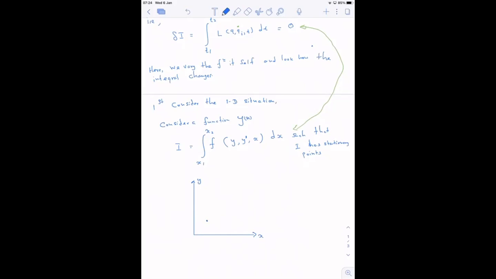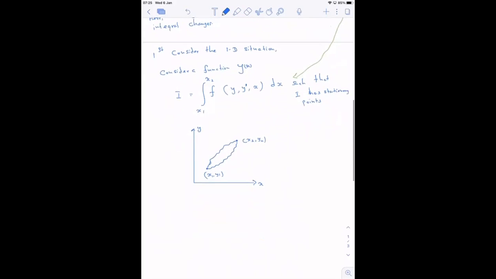Let me take this as x1, y1, and let me take this point as x2, y2. So I want to go from x1 to x2, right? So there may be different paths that I could have for this. So I guess it may be easier for you to understand in terms of x and y's.